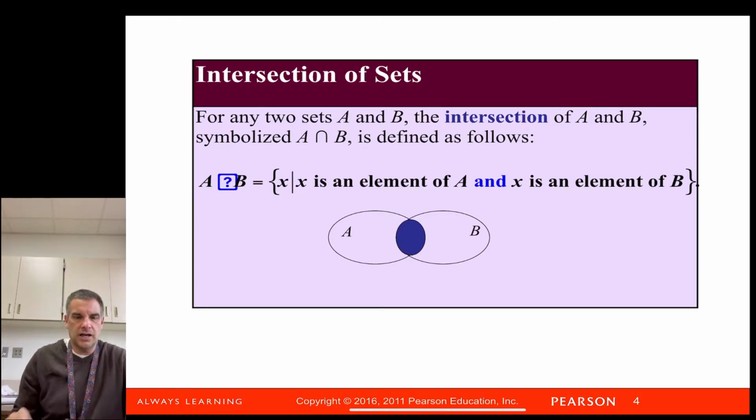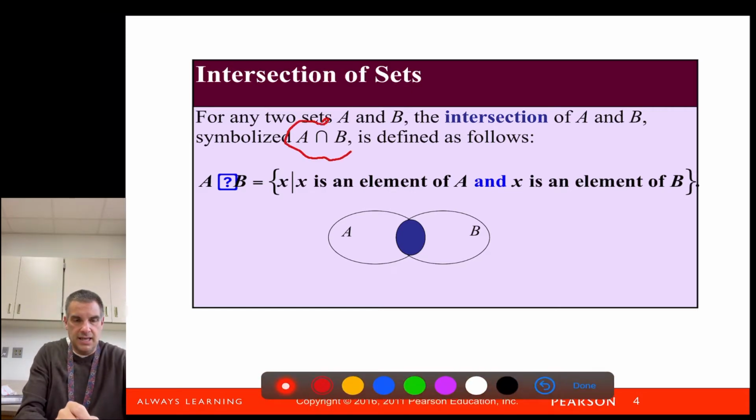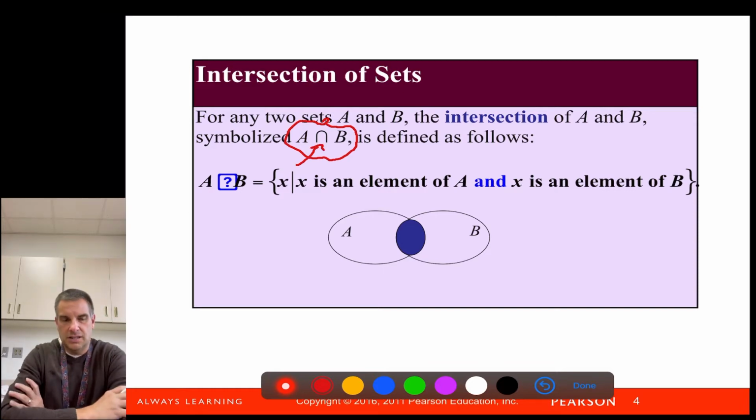So when we're talking about an intersection, we can say for any two sets A and B, the intersection of A and B, symbolized as A ∩ B, this upside down kind of U looking thing in mathematics, means intersection of two things.